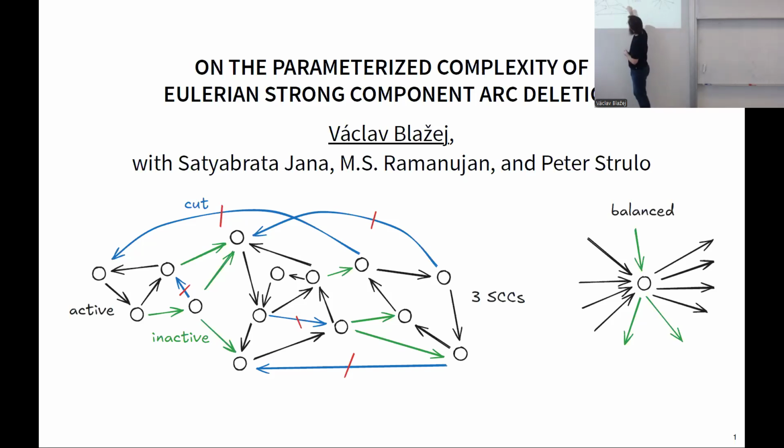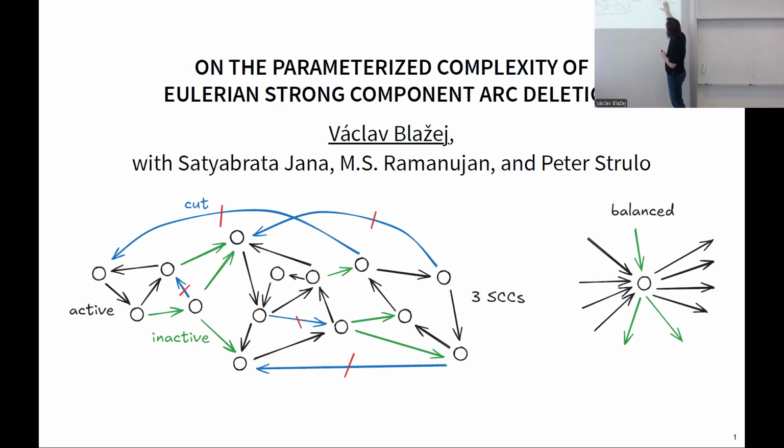So there are like cycles, but it may be more complicated than cycles. And so at first, removing the blue edges breaks up the graph into several strong components. And if you remove the green ones, which are coming between them, then you end up with several connected components, each of which should be balanced.